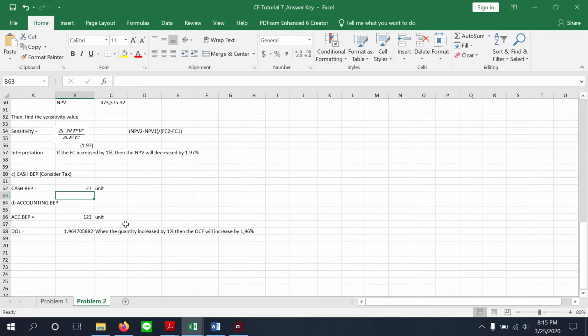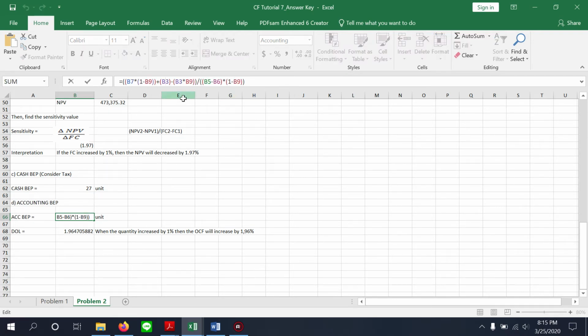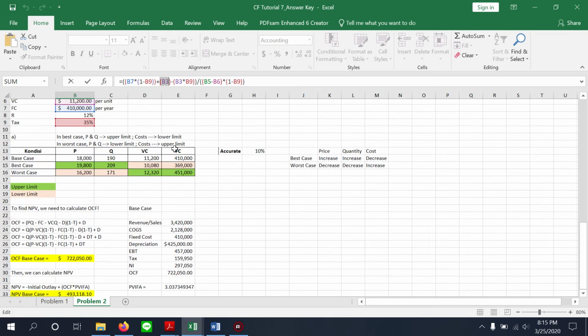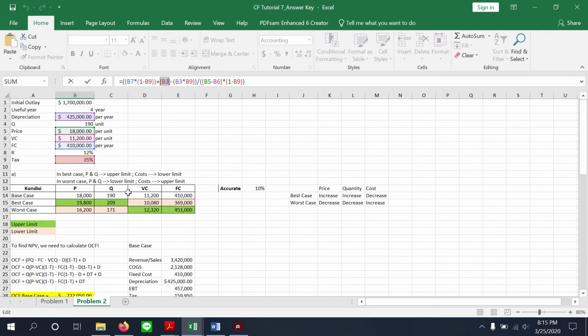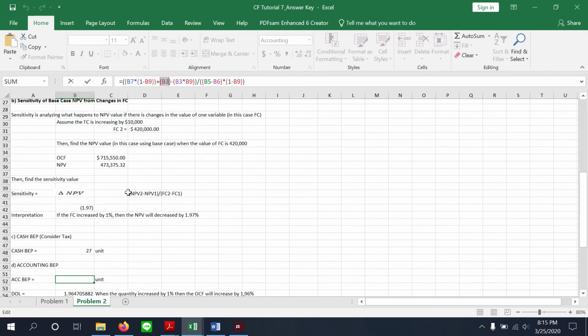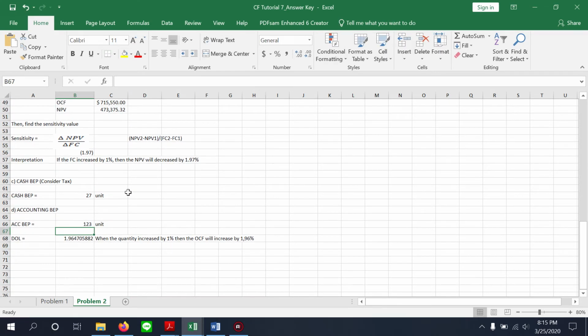And in problem D, they want you to find the degree of operating leverage at the accounting break-even point. So you need to find the accounting break-even point first. Again, remember there's depreciation here in the accounting break-even. You can see in here B3, which is the depreciation. Remember, you need to add the depreciation in the accounting break-even point.